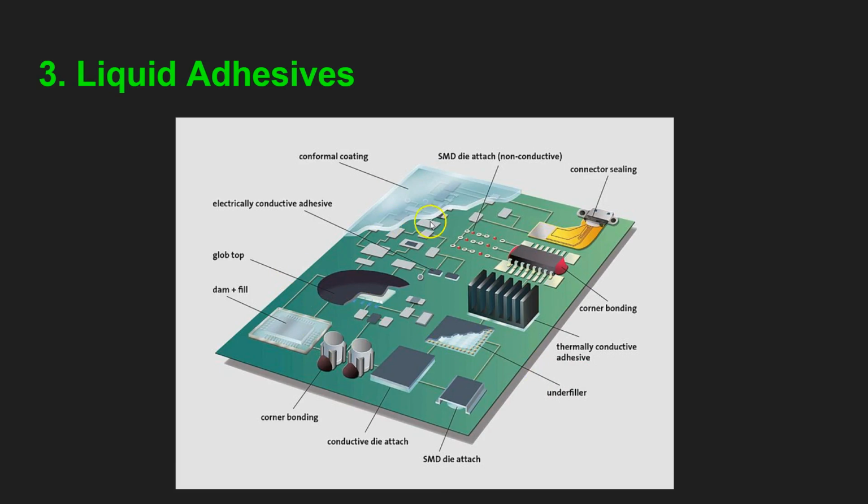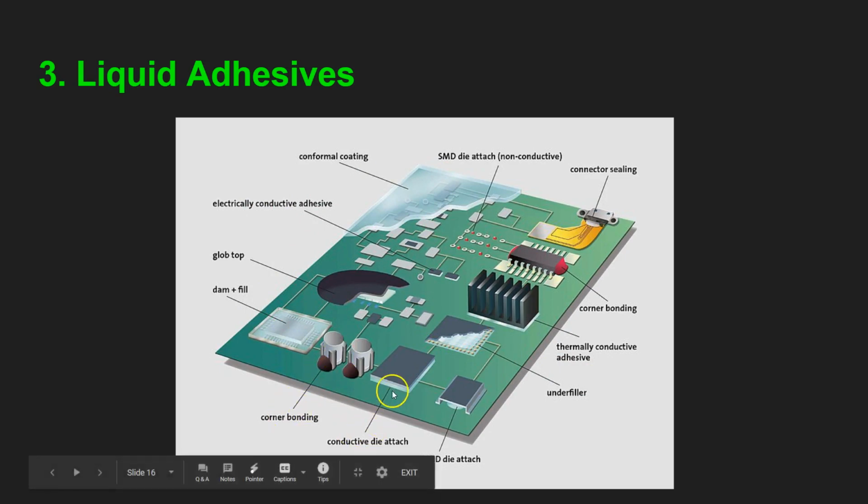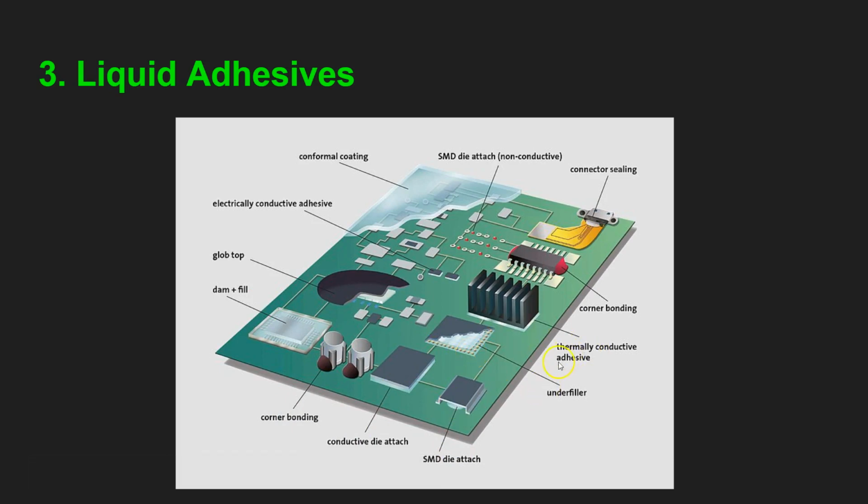And you can see different types of adhesives provided on the PCB: conformal coating, electrically conductive adhesives, glob top, which we have already seen, dam and fill, corner bonding, conductive die attach, SMD die attach, underfill, thermally conductive adhesive. This is the sheet one, the film one, which we saw in the previous slide. Corner bonding you can see by this red color. Connector sealing here.